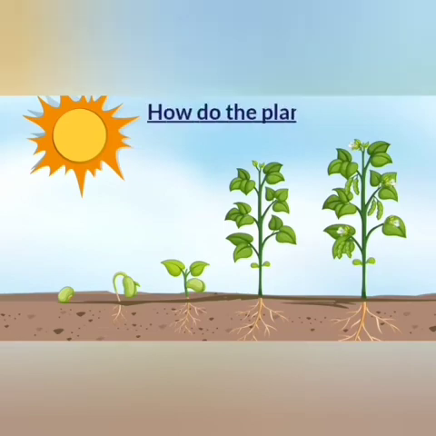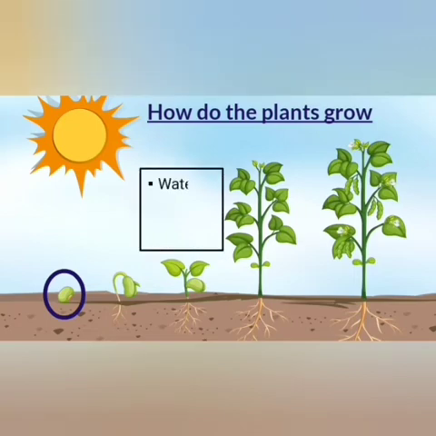Now let's see how plants grow. Plants grow from seeds. First of all, a seed gets planted into the soil. To grow, a seed needs 4 main sources, and they are water, air, sunlight and soil.